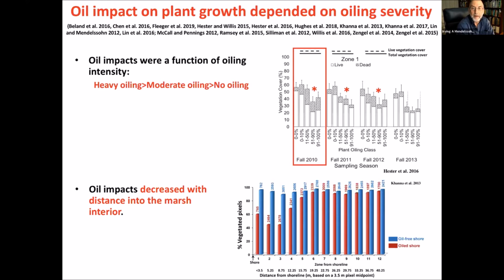And they found that the negative effect of oiling basically ceased at 20 meters into the marsh. So in the shoreline area and inland to 20 meters, there was a definite effect on the vegetation, but beyond 20 meters in their research, they found no effect of the oil.